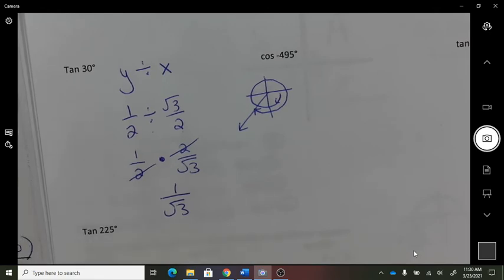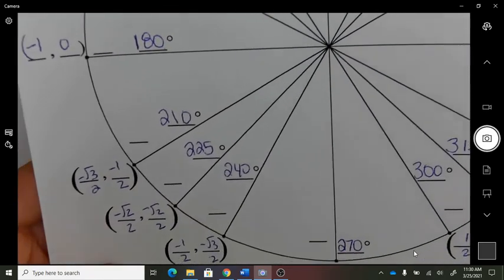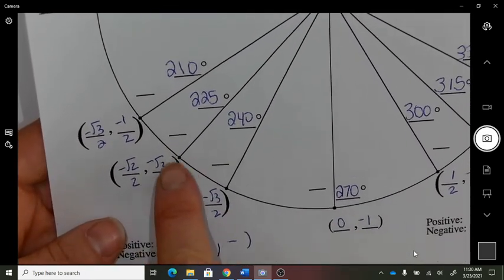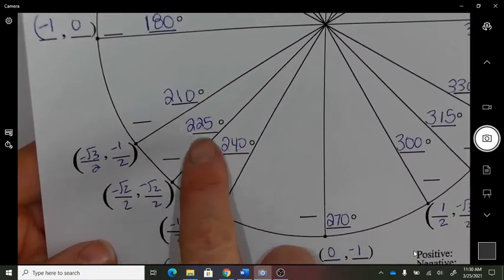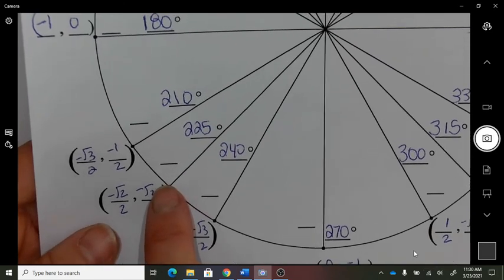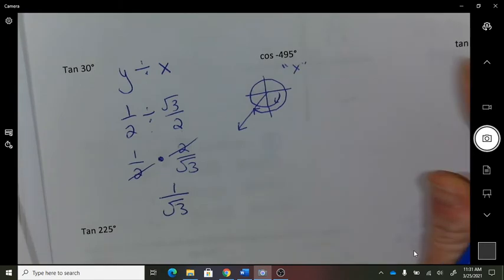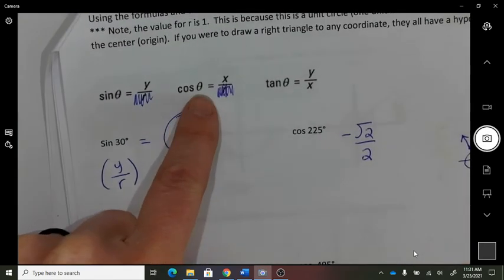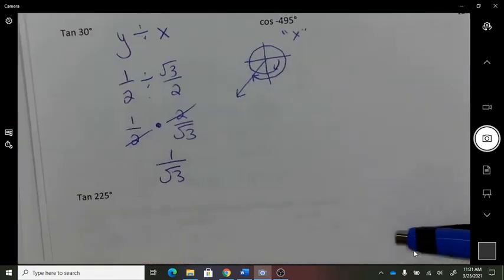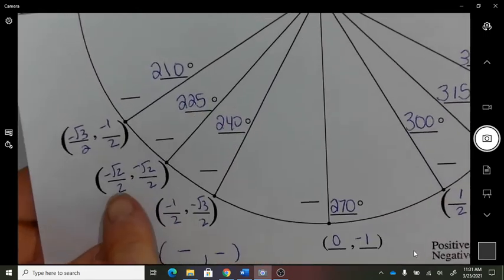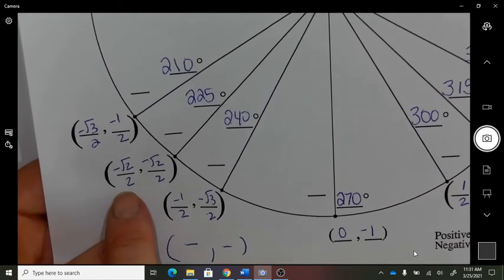So on your unit circle, this is your landing spot at 225 degrees at this spot. So cos says on the formula, grab the x. So cos says grab the x value, so negative root 2 over 2.